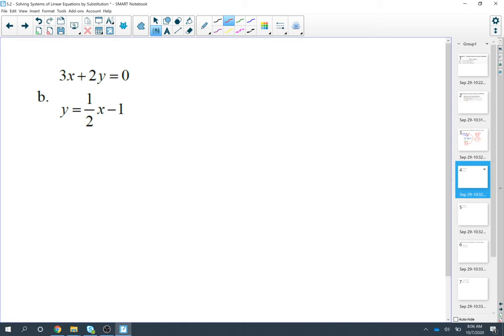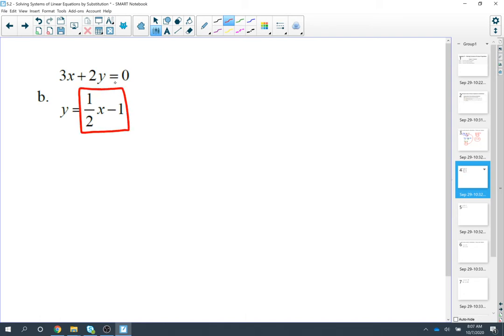Letter B, 3x plus 2y equals 0, and then y equals 1/2 x minus 1. Now again, we have to solve one of these equations so that it either says x equals or y equals. Well, if you take a look at the second equation, it already says y equals, and we have y equals 1/2 x minus 1.